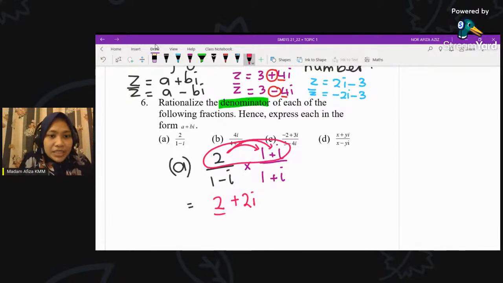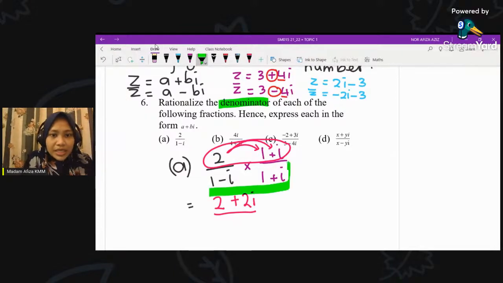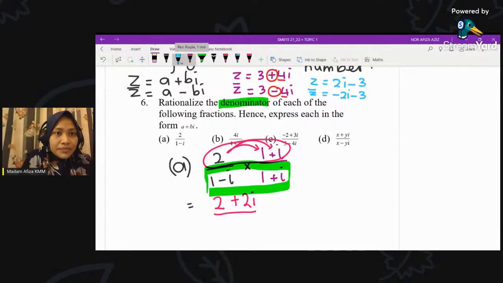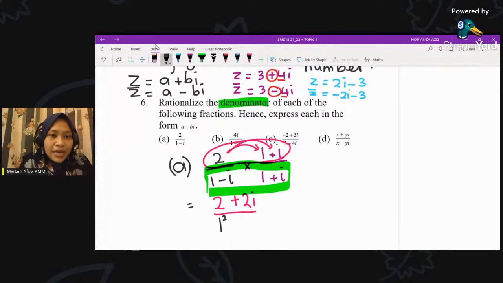And for the denominator, we will use this formula. Take the first number. You can see that the first number are the same, right? Both have 1 in the first number. So I put 1 squared. And now I have the second number I, so I put I squared. And the relationship in the middle will always be minus.